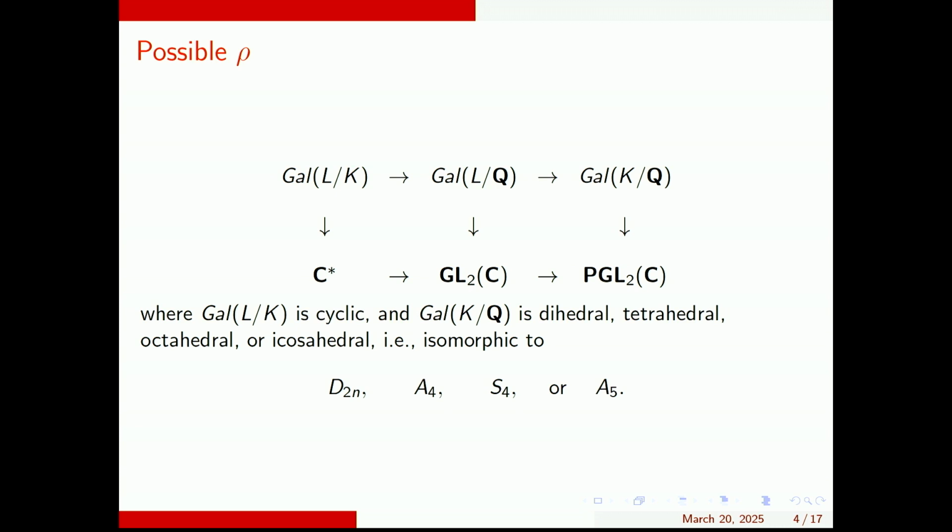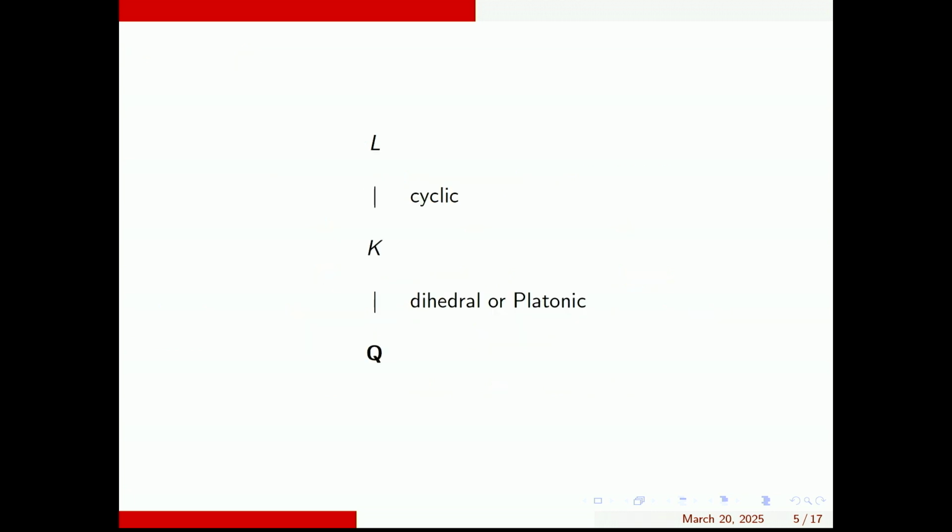And well, what was known about Artin's conjecture for those? Well, dihedral is induced, so for sort of formal reasons, there was no problem with those. The other three were complete mysteries. And here is a picture of the corresponding fields, so I get to name K and L with that picture.